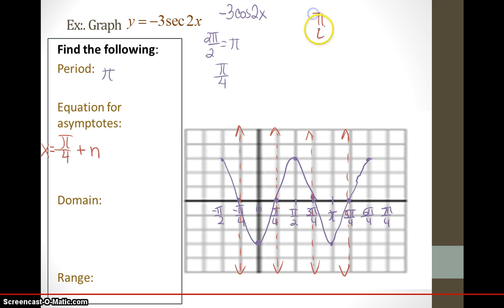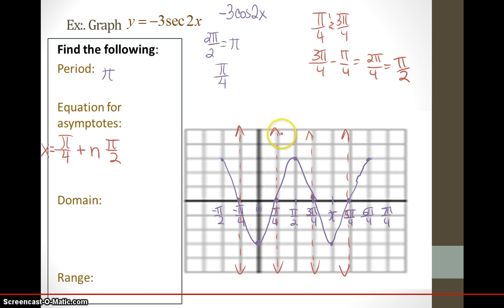So pi over 4 and 3 pi over 4. So we're going to just subtract them. 3 pi over 4 minus pi over 4 is 2 pi over 4, which is just pi over 2. Okay, so we have pi over 4 plus n times pi over 2. So that's going to give us all our vertical asymptotes.